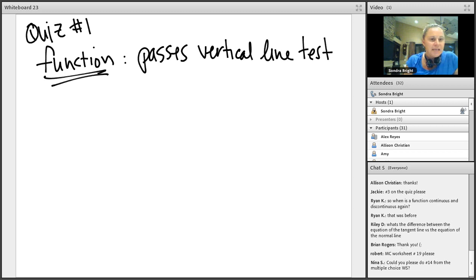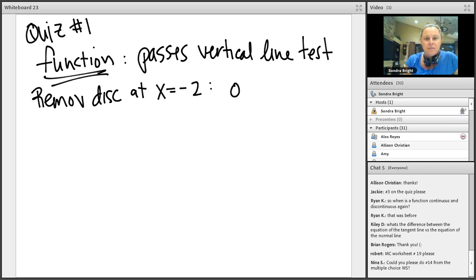Okay, it says a removable discontinuity at x equals -2. That means there better be an open dot there, right? An open dot or a hole at x equals -2.